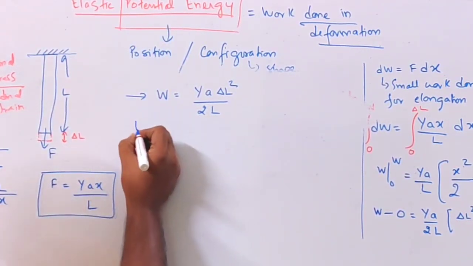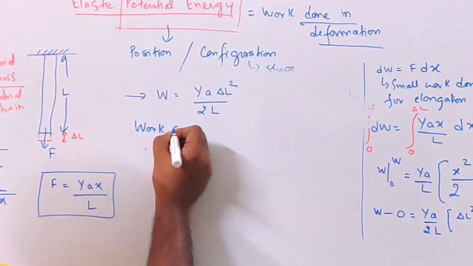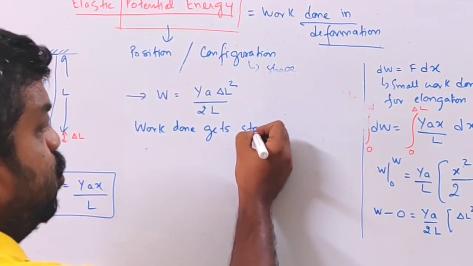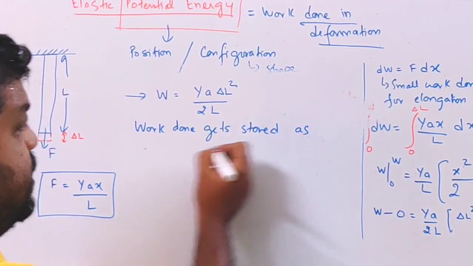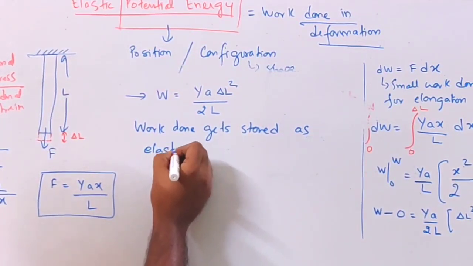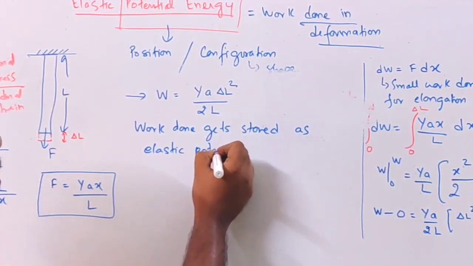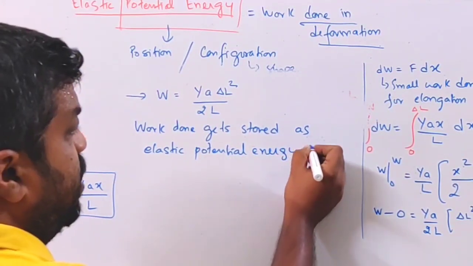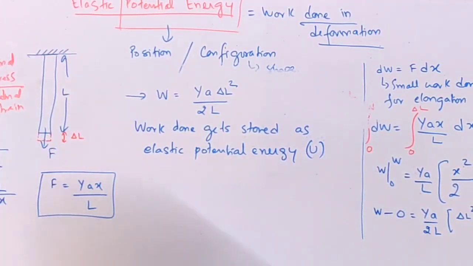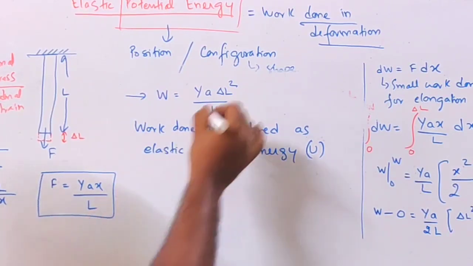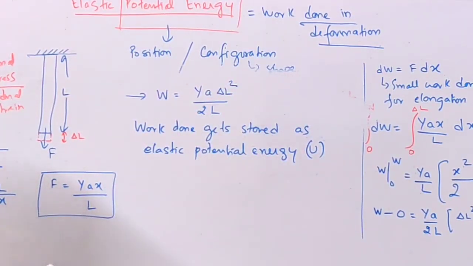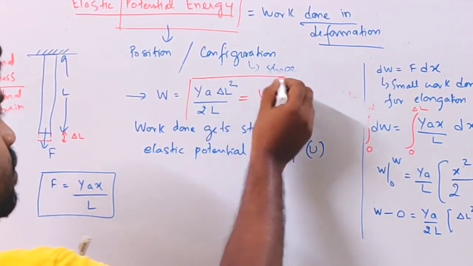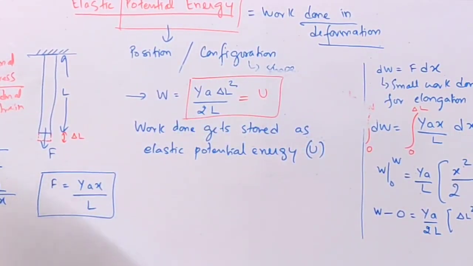The symbol for potential energy is capital U. So this quantity is equal to U, and this is the expression for potential energy.